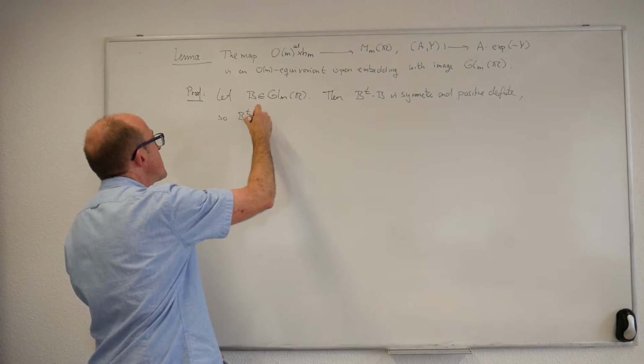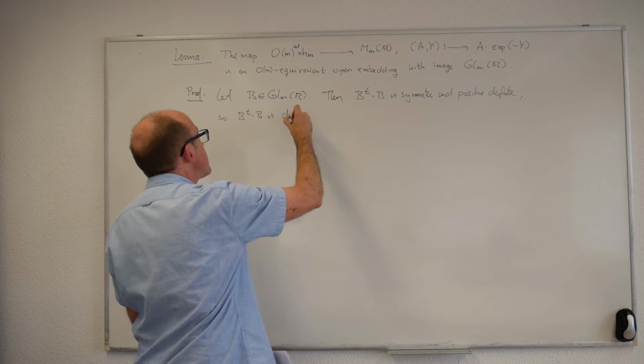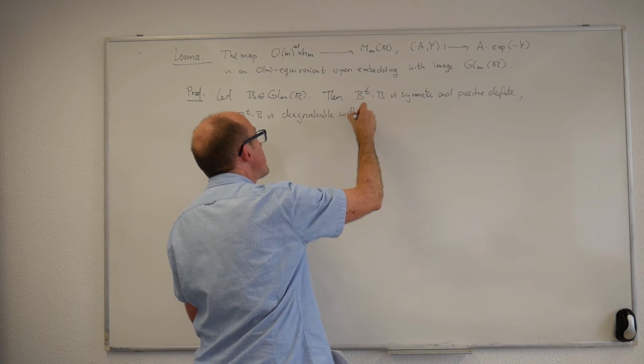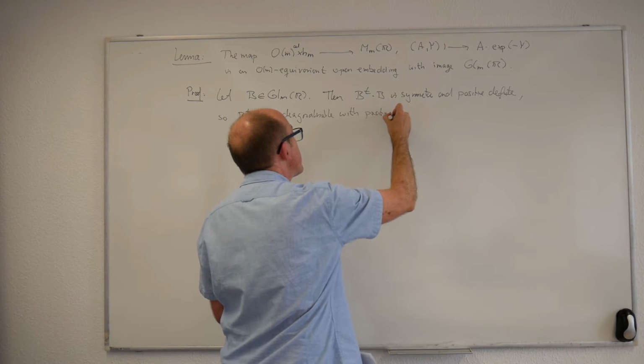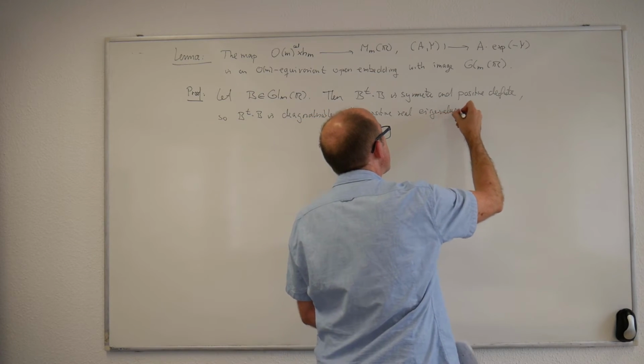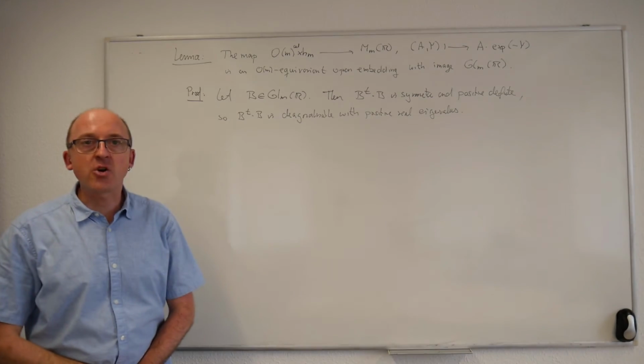So B^T times B is diagonalizable over R with positive real eigenvalues. And that means that we can take a square root of this.